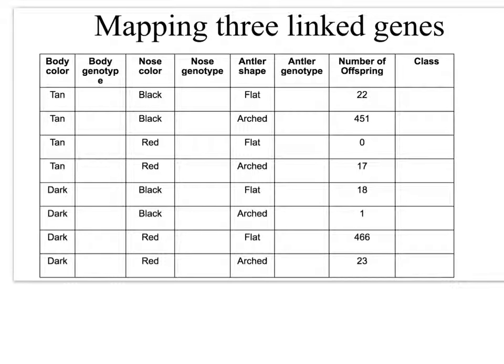To fill in each of these, you don't have to fill them in as diploid genotypes, but simply as haploid genotypes. So to remind you, we're talking about 3 different phenotypes in which we have Ds, which is representing body color. In this case, this was tan, this was dark.